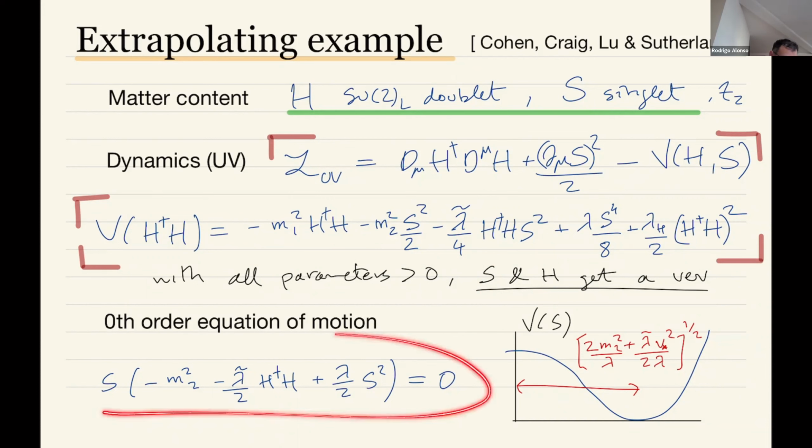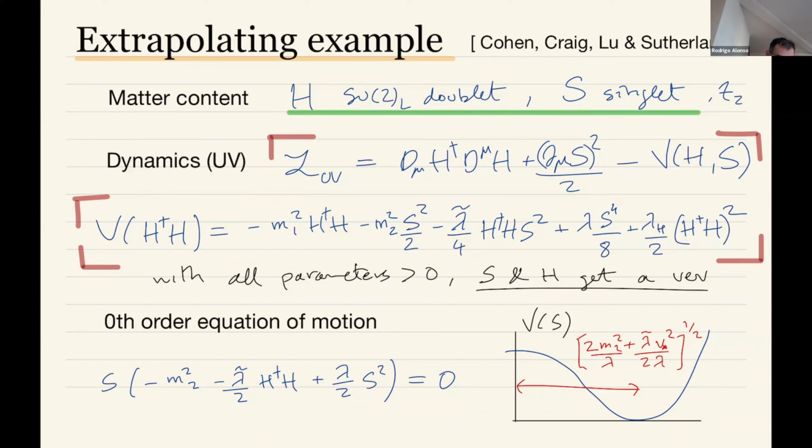This is what the zeroth order equation of motion looks like, neglecting momentum. It comes out of taking the variation of the potential with respect to the field S, which you can do yourself. Basically, this is all a big do-it-yourself exercise that is laid out in the notes, and all of these steps you can do yourself.